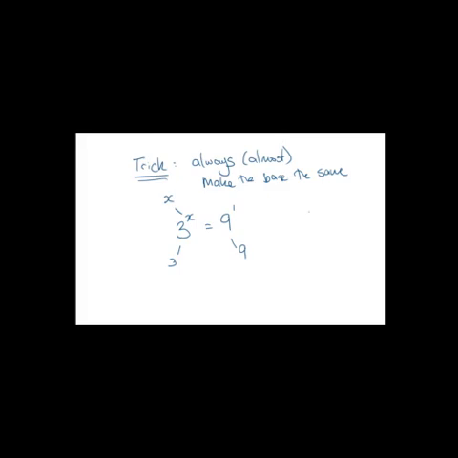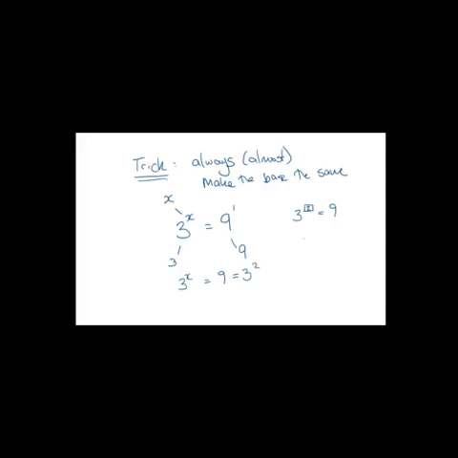So we have to convert this one to base 3. So we're going to do a sort of side equation. 3 to the power of what equals 9? Well, you should know that 3 squared, 3 times 3, is 9. We're only going to really use the positive integer value. Note that negative 3 squared can also equal 9. So therefore, 3 to the power of x equals 9, which also equals 3 to the power of 2.